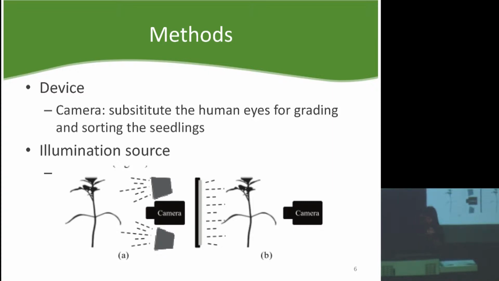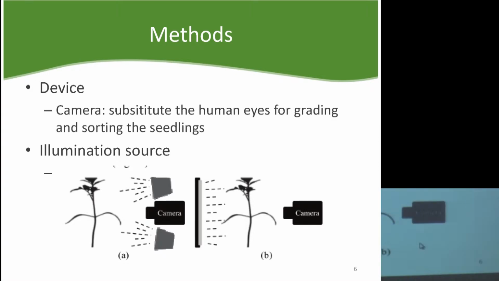And figure B is lighting the object from its back side, so that the shadow of the object is visualized to the camera. In this paper, we have to find a suitable one for this study, so both types of lighting source will be tested.